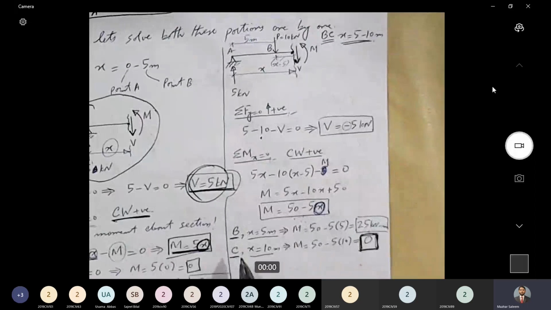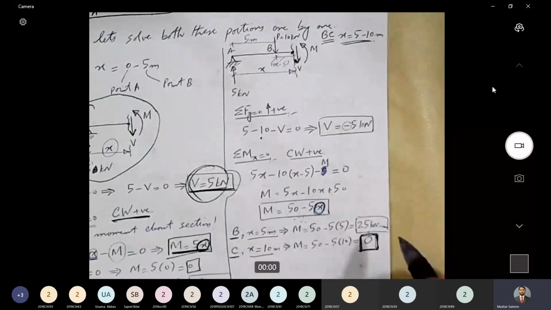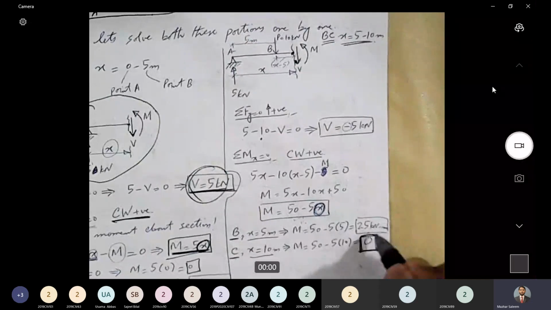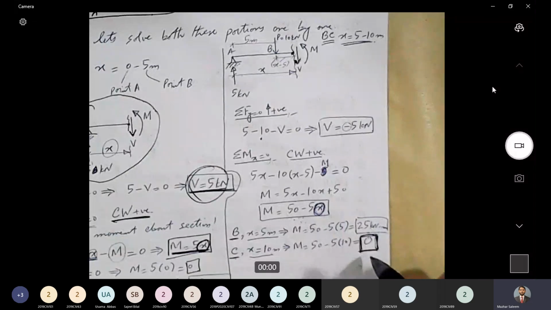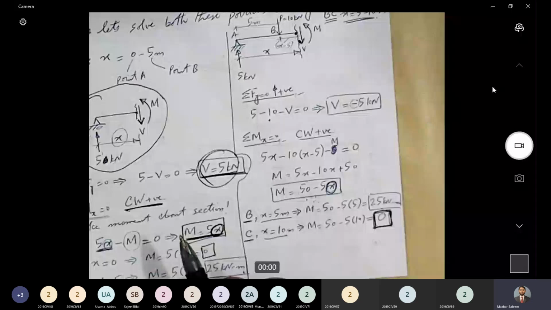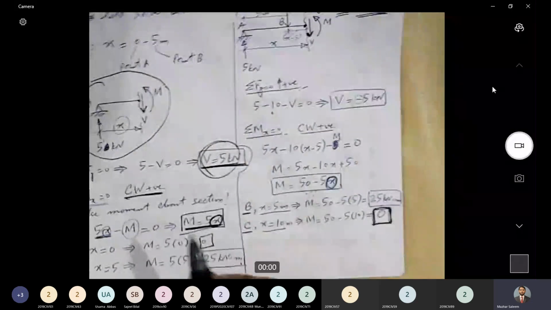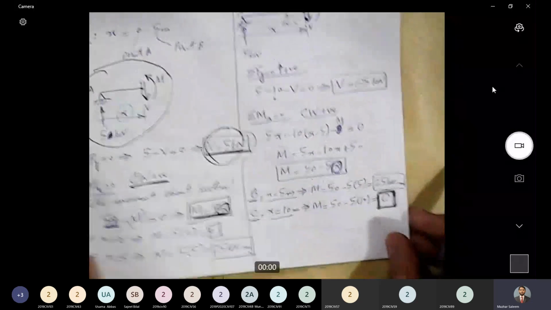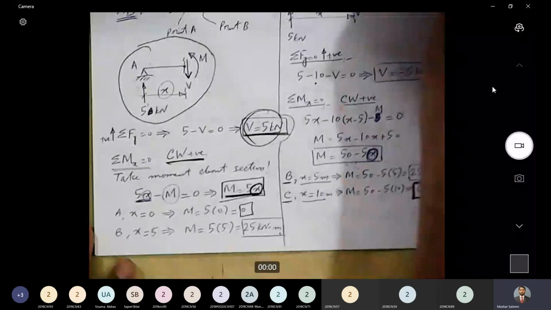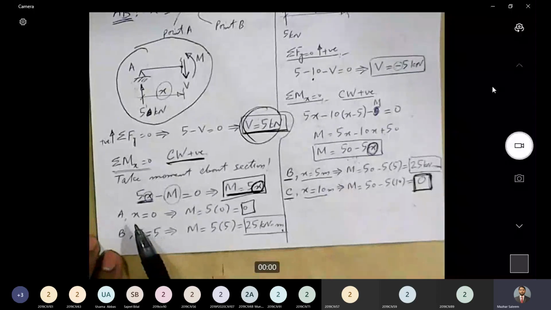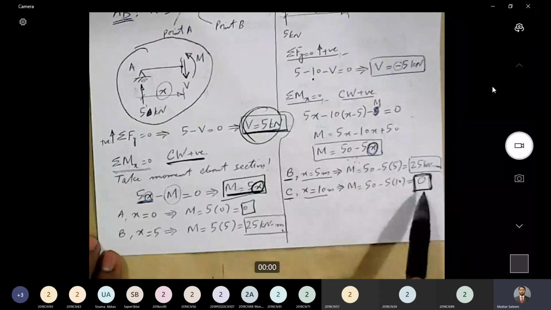Then we put the value of x for point B and point C. For point B, we got the value of moment as 25 kilonewton meter, and for point C, we got 0 moment. The important points to note are that at point A we got bending moment as 0, and at point C we got moment as 0.